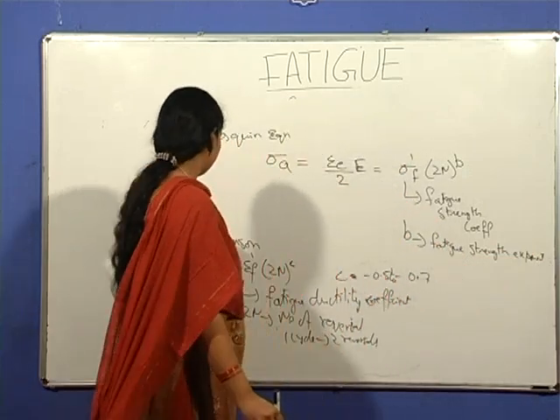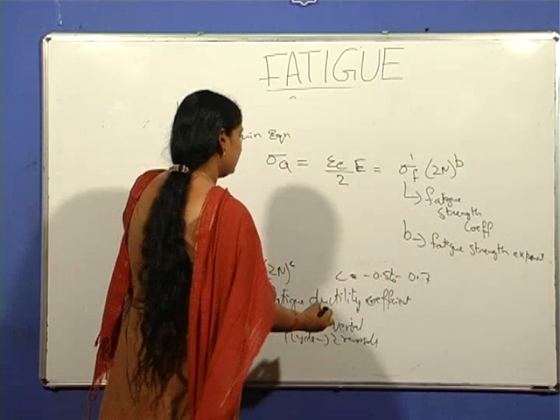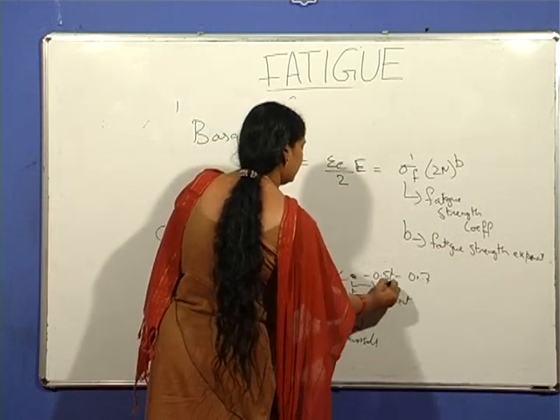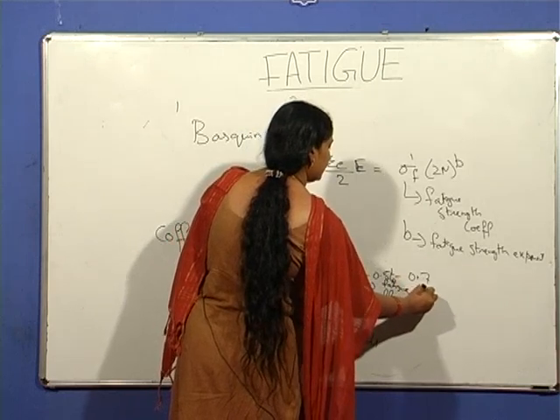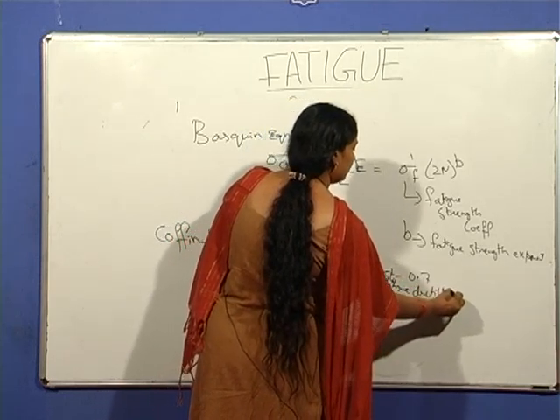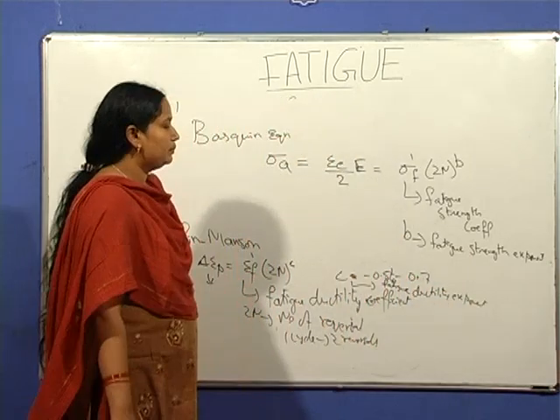Whereas in the case of low cycle fatigue, the Coffin-Manson equation, c is the fatigue ductility exponent, which has values of minus 0.5 to minus 0.7.